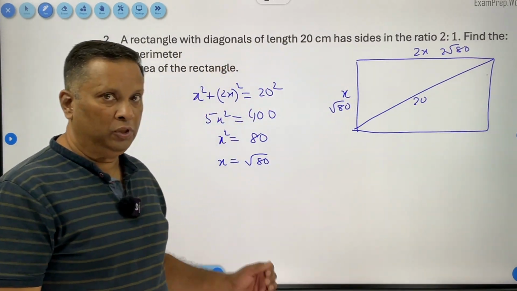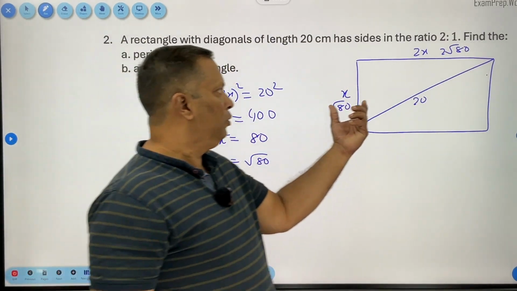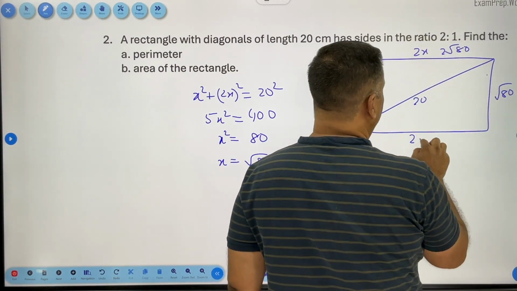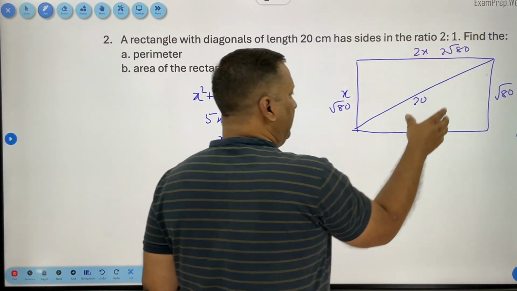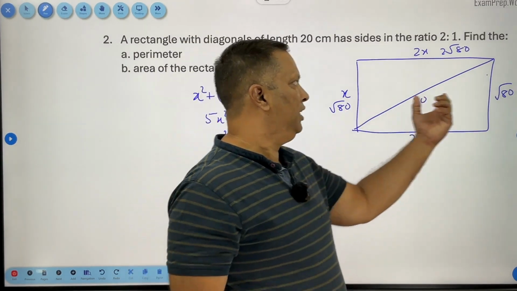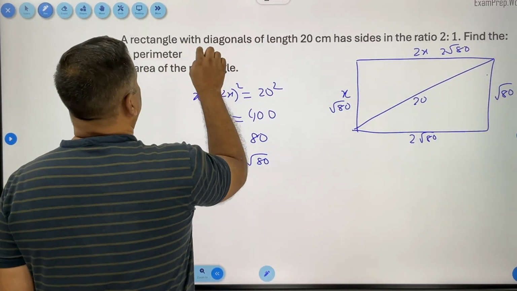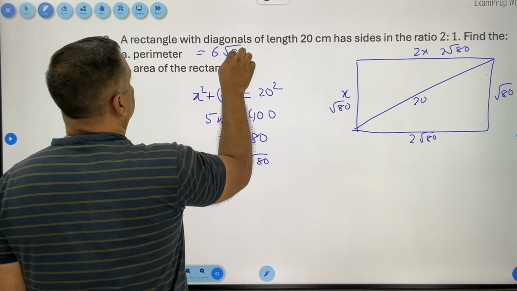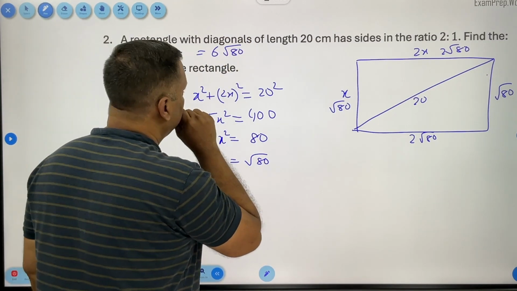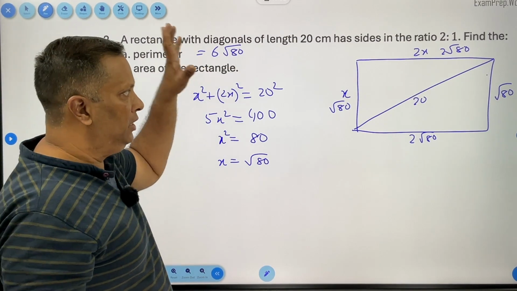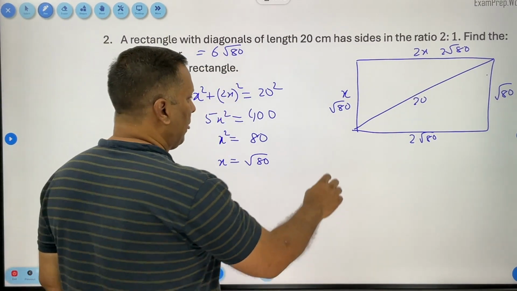Now the first question was perimeter. We have root 80, so this side also will be root 80 and this side also will be 2 root 80. 2 root 80, 2 root 80, 4 root 80, plus another 2, so 6 root 80. So perimeter is 6 root 80. Now let us simplify this.